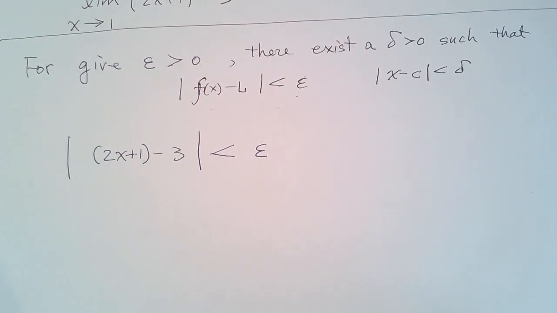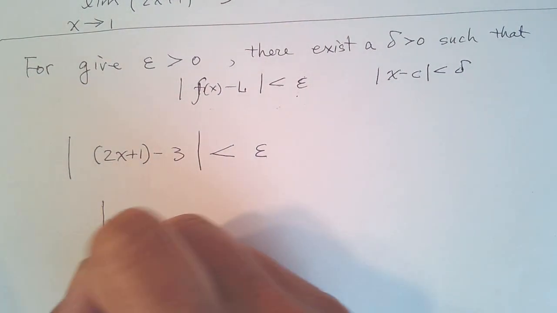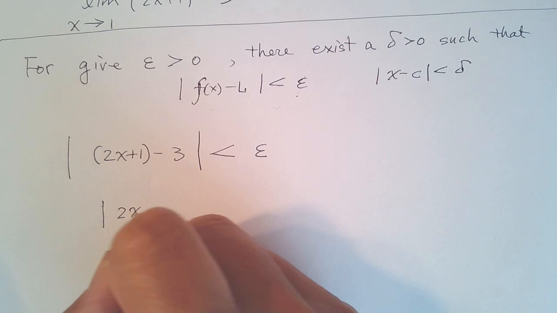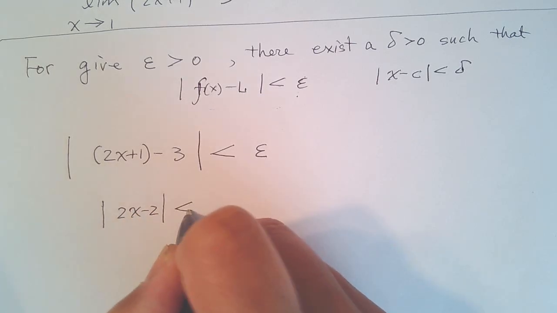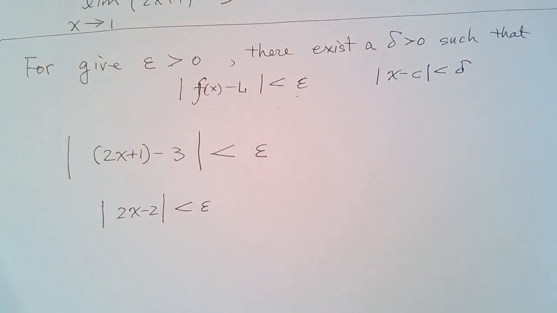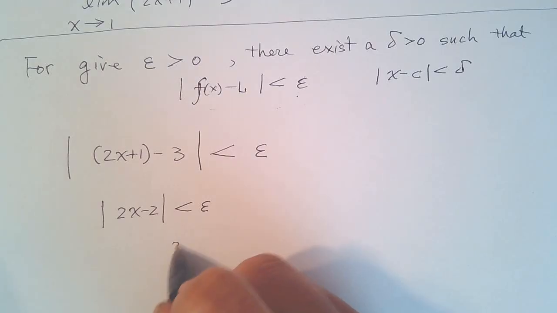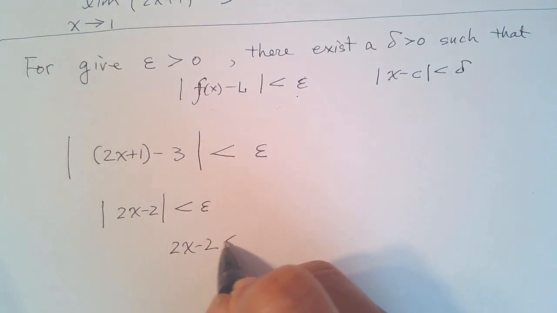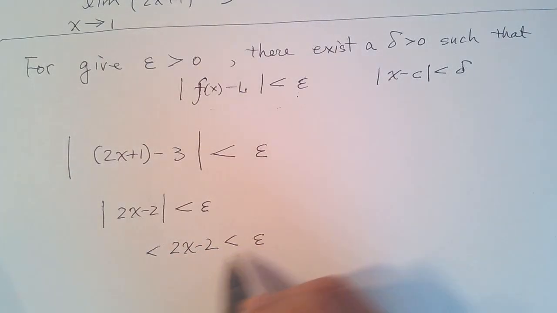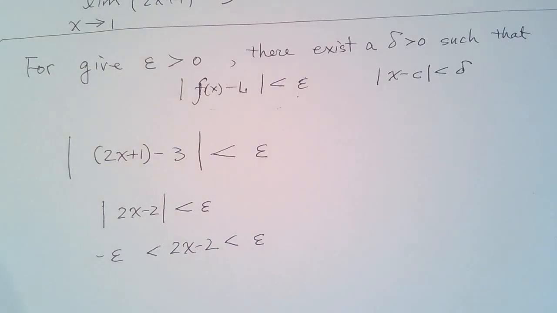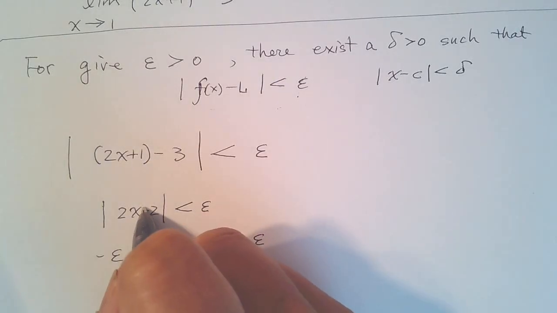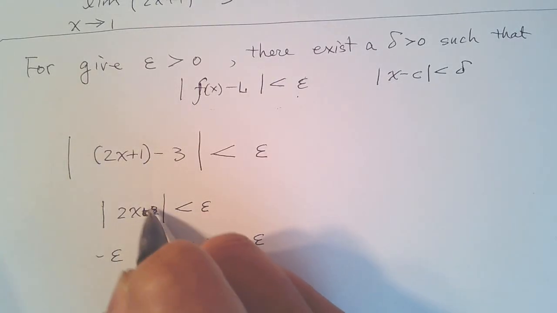Now let's simplify this. I get the absolute value of 2x minus 2 less than epsilon. And we know epsilon is positive, so 2x minus 2 has to be between negative epsilon and epsilon.